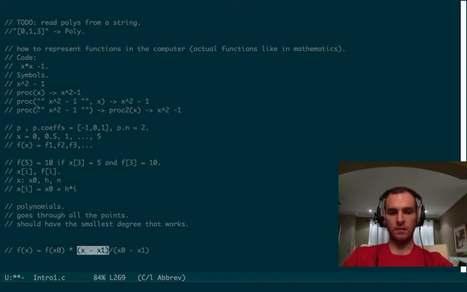But if x is not equal to x0, it's not going to be equal to 1.